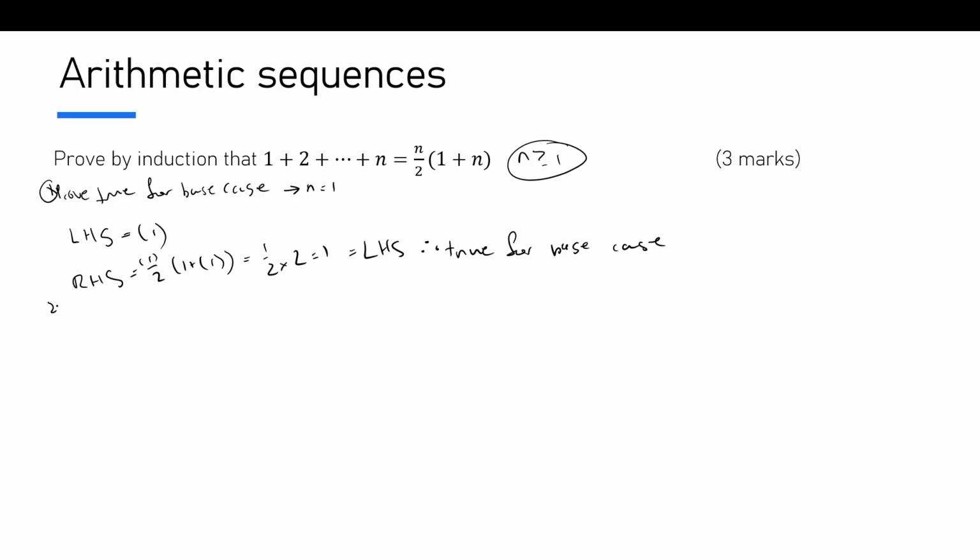Now, our second step is to assume true for n is equal to k, where k is greater than or equal to 1, i.e. 1 plus 2 plus up to k is equal to k over 2 times (1 plus k).